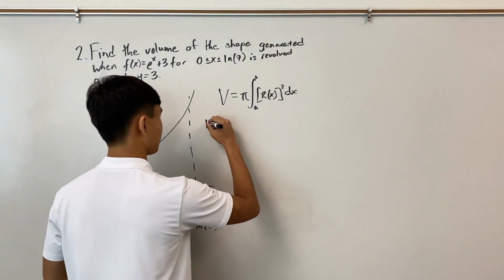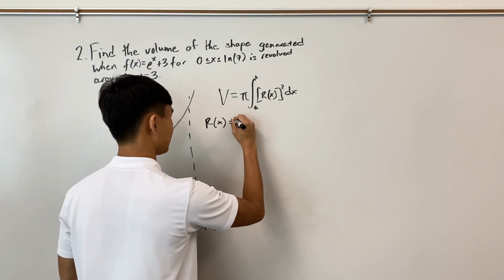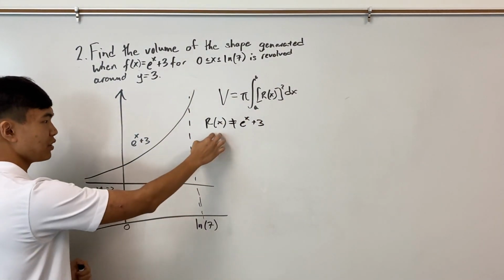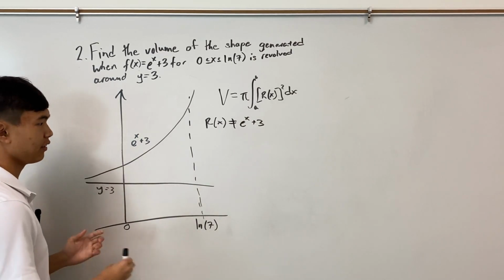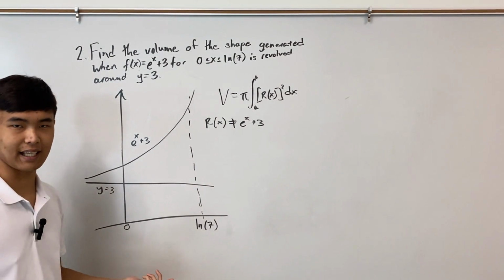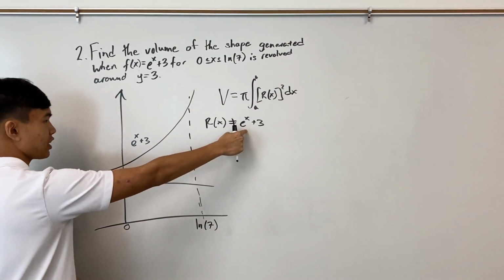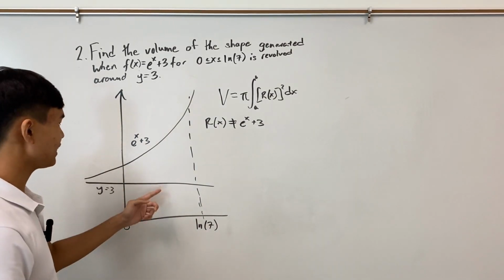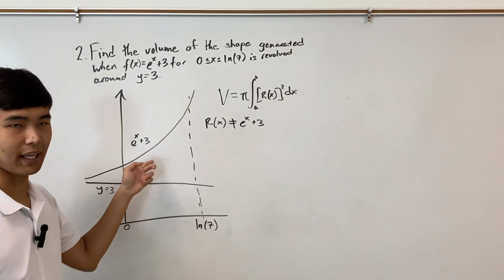Our radius is not e to the x plus 3, because if we used this, then we'd be finding the volume if all of this was revolved around the x-axis. But we're revolving this around y equals 3. So we have to find the distance from y equals 3 to e to the x plus 3.